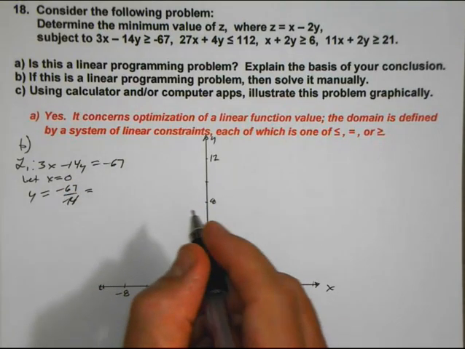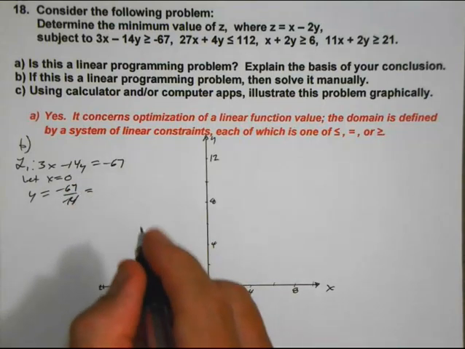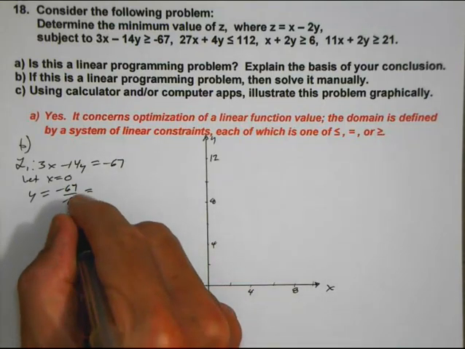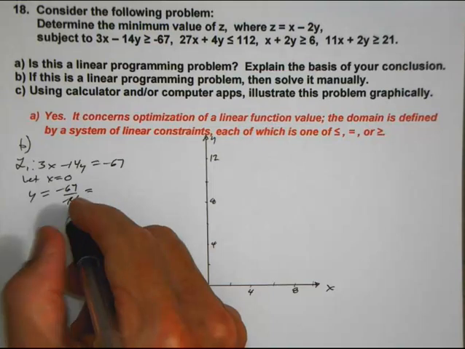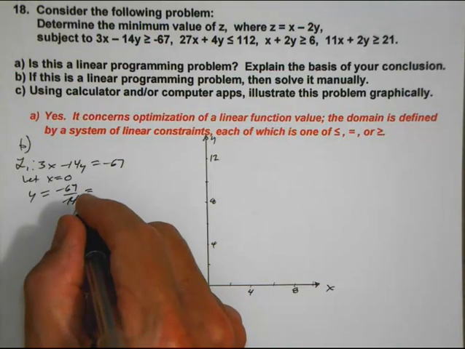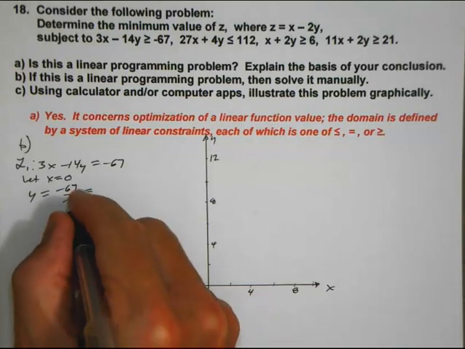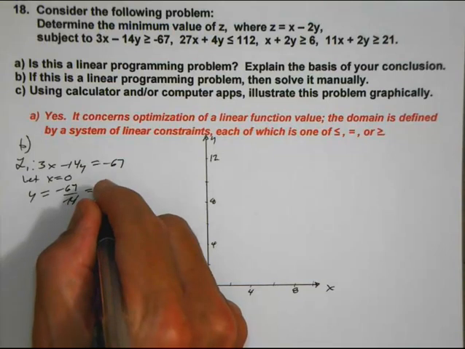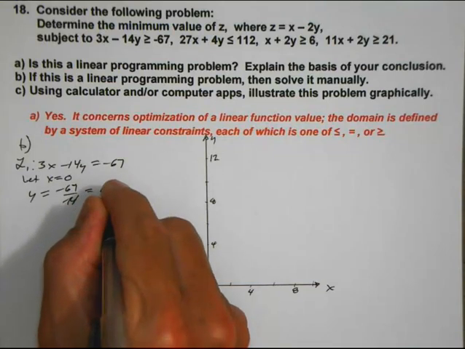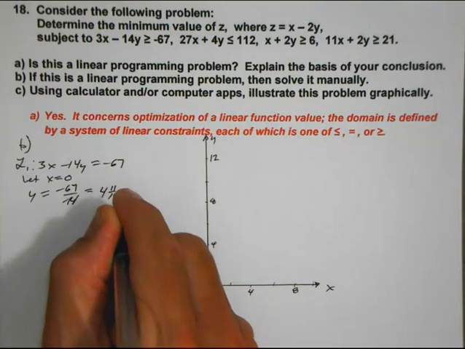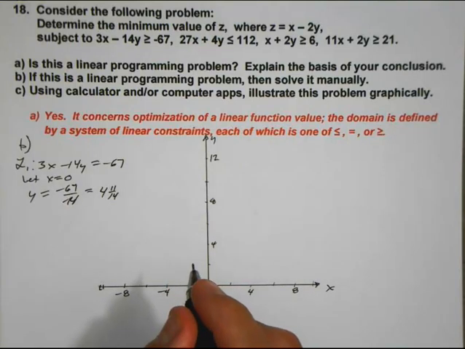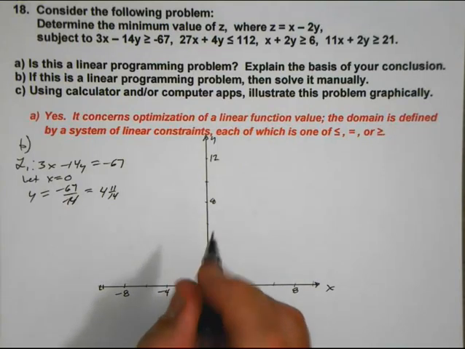Let's simplify that. First, it's positive, negative over negative. Secondly, let's take multiples of 14: 14, 28, 42, 56. That would leave 11 behind. So this is actually 4 and 11/14. Writing it that way helps us figure out what to do with this. Okay, there's an intercept.